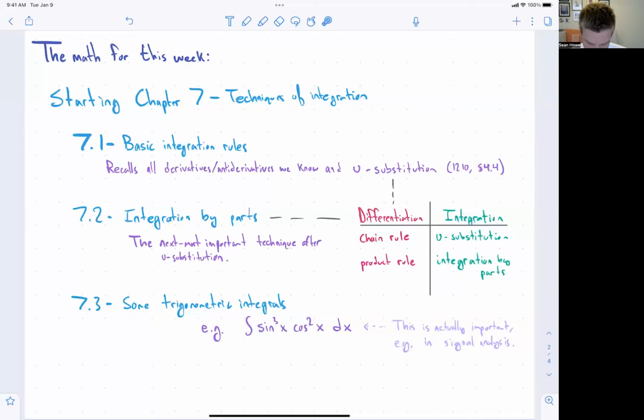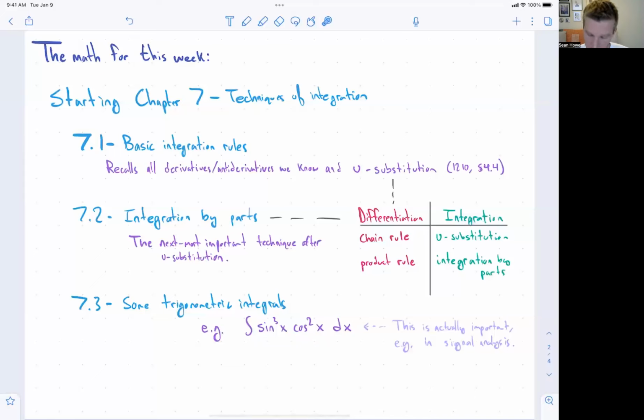And then section 7.3 is computing trigonometric integrals. Instead of the kinds of things we've been encountering before, where you have lots of powers of x and things built out of powers of x in the integrals we've mostly been able to compute up to this point, now we're going to have powers of sine and powers of cosine, and maybe products of the two multiplied together.